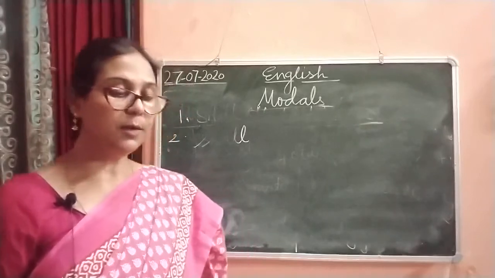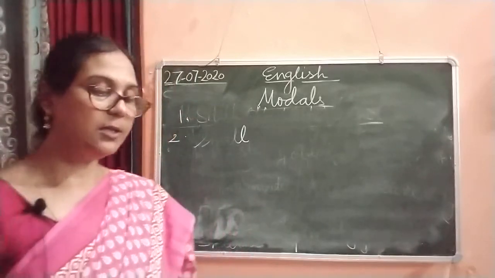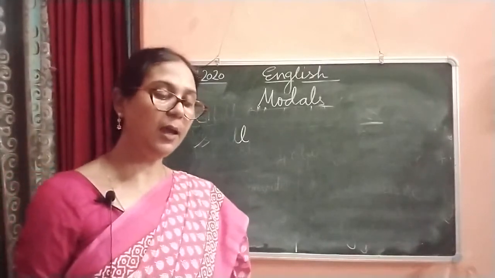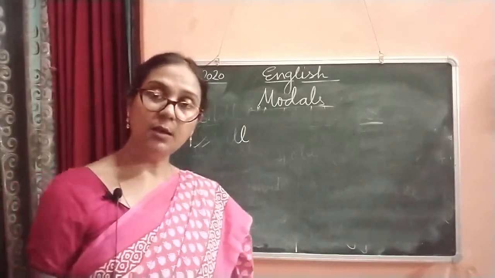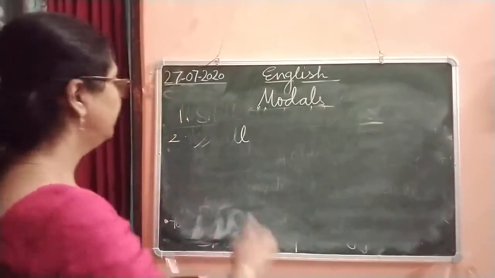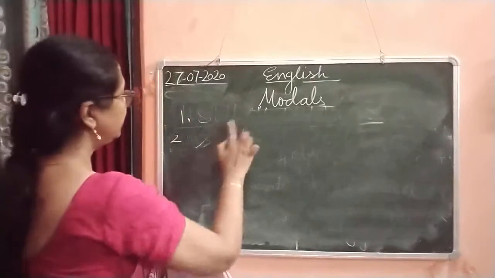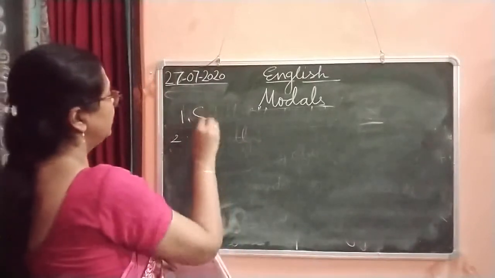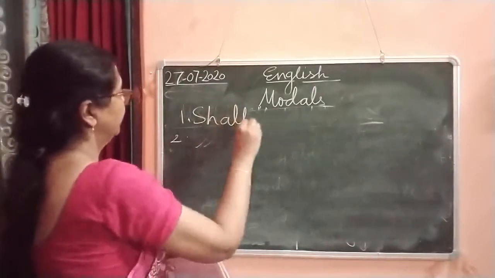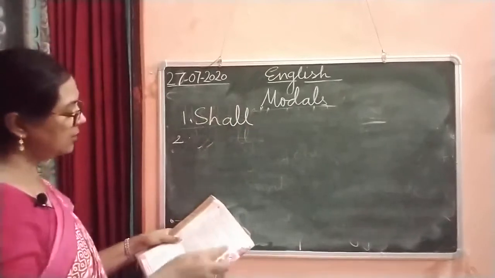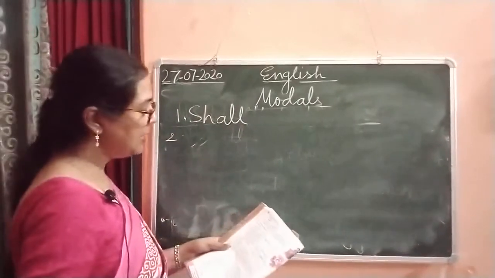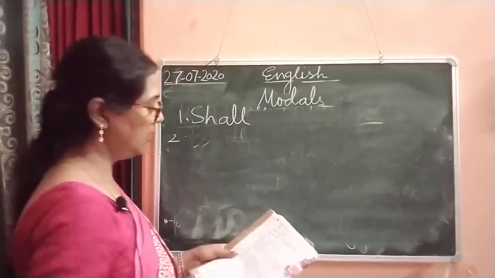So here the first exercise is: dash, I buy you a cup of tea. So here we are seeking the permission, so we are going to write over here shall. Now second: I dash return after a year.